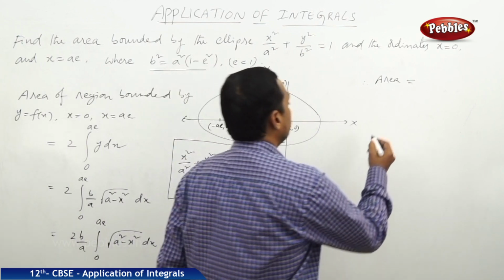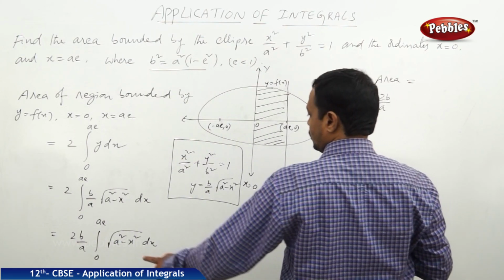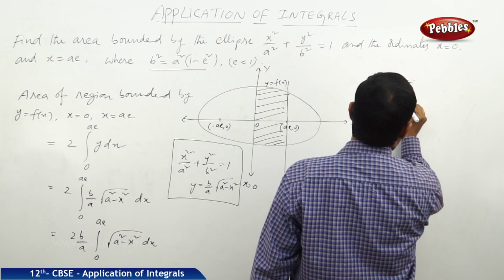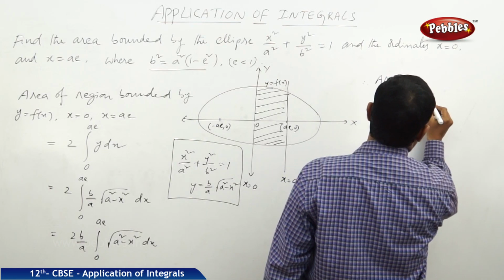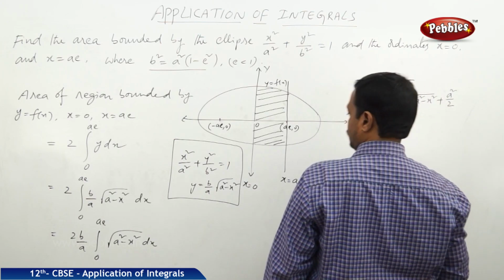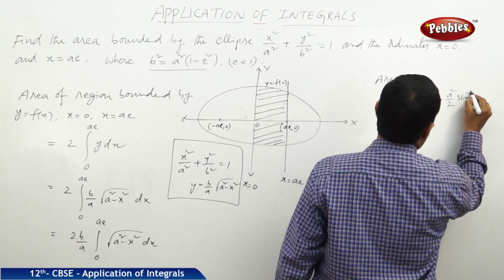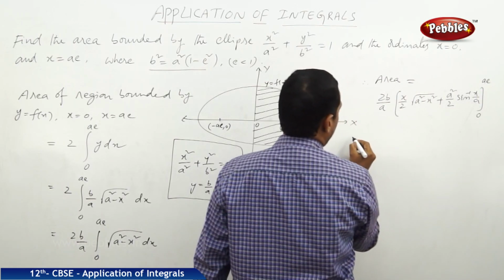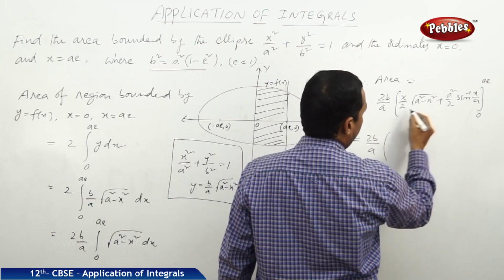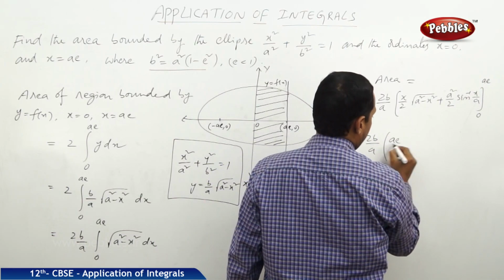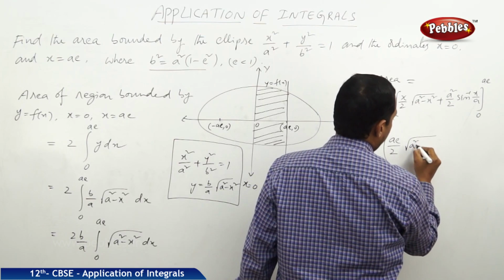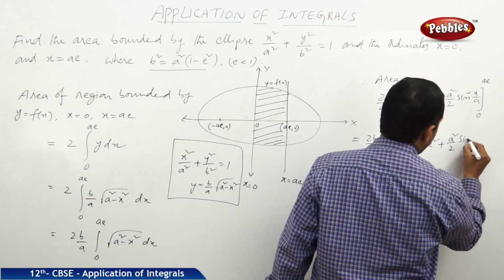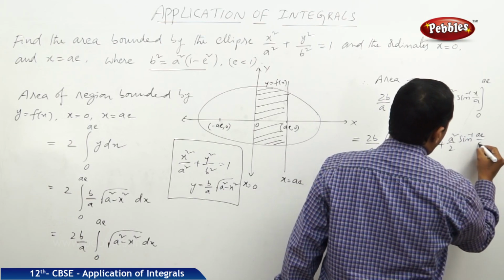The required area is 2b by a into this expression between the limits 0 to ae. Now put the upper limit x = ae: ae by 2 into root of a square minus a square e square, plus a square by 2 into sin inverse of ae by a.